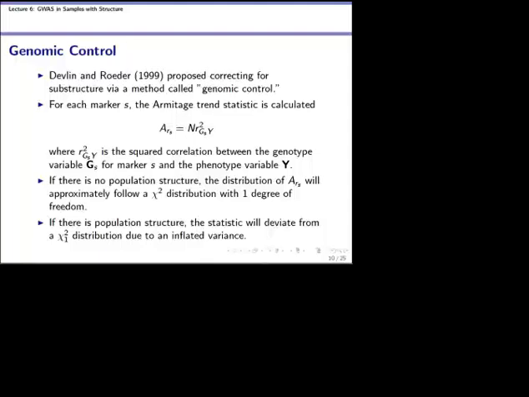If there is population structure, the statistic will deviate from the expected distribution. So this is what we expect, but let's say in reality we have something that looks like this. Somehow it's shifted.